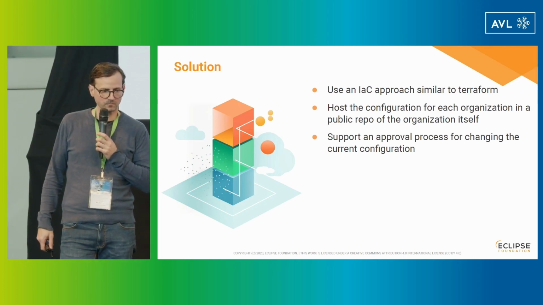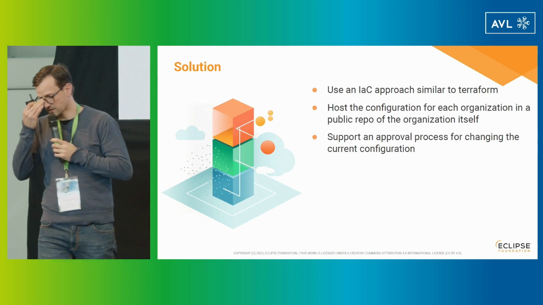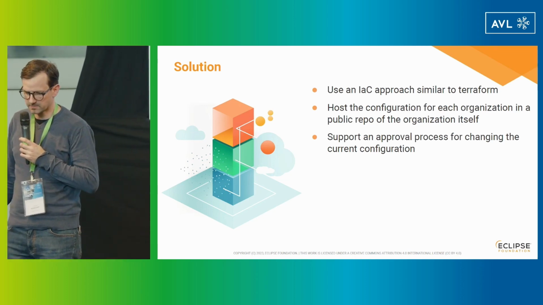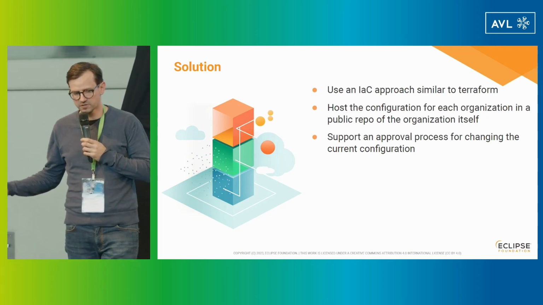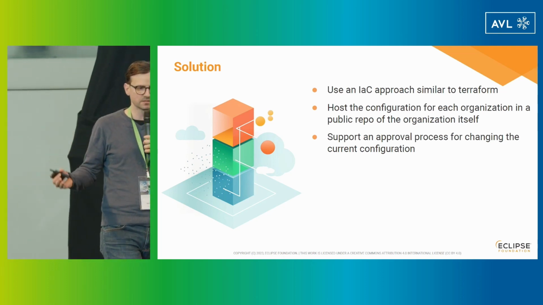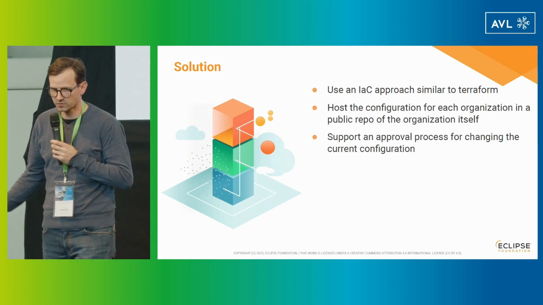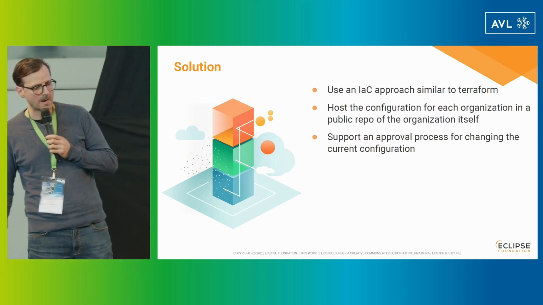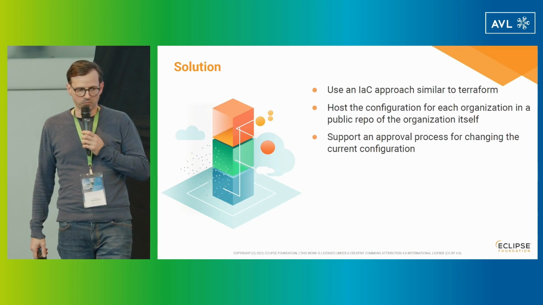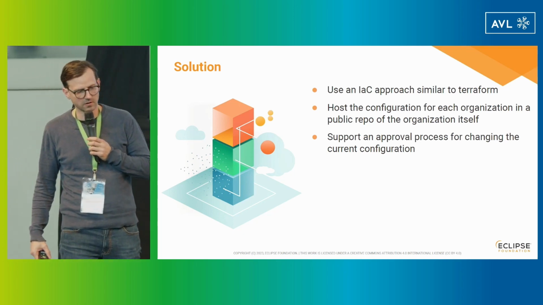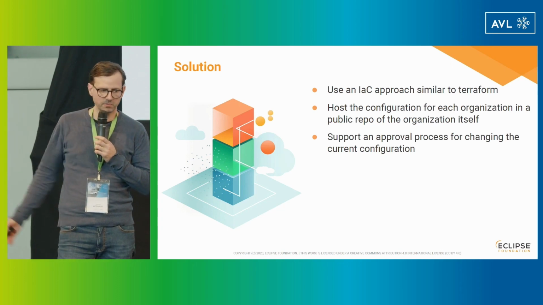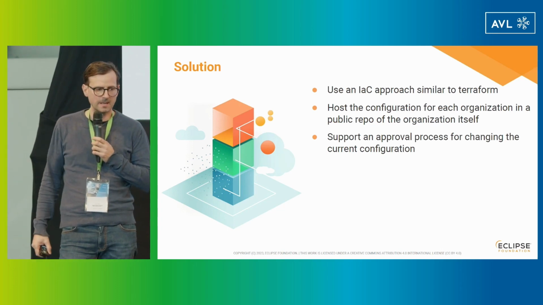Another thing that is also quite important, as you may know, is that any project can go to the help desk and request certain changes, new resources for their organization. And the approval process there is sometimes a bit tedious, so you have to bring additional people in, for example, project leads of your project.